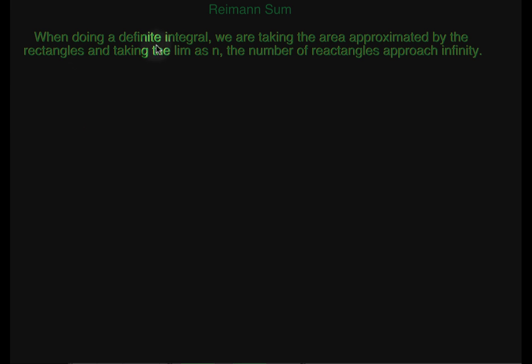Today we're going to be looking at the concept of Riemann sums and how they're used to evaluate definite integrals. Whenever we're doing a definite integral, we're taking the area approximated by rectangles and looking at them as the number of rectangles approaches infinity.